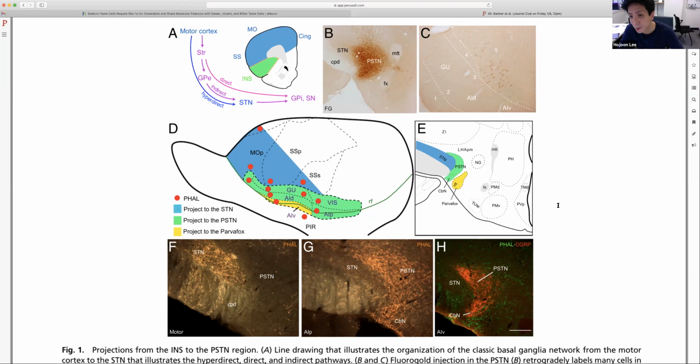So there are some cells there that send projections to the PSTN. Yeah. And D is a diagram that summarizes all the labelings that they saw. So they did this with the STN, they did this with the PSTN, and show that the projections to the PSTN are mainly these green regions.